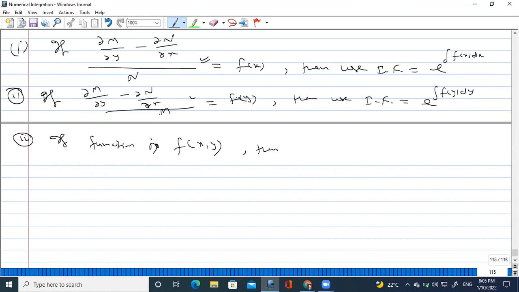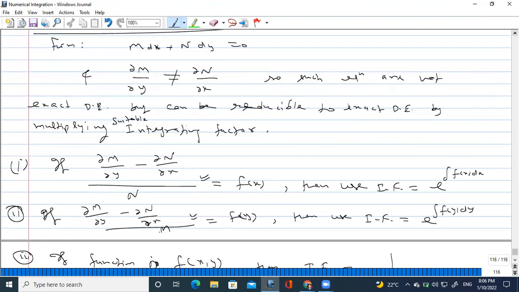So I am just telling about the function. If the function is f(x,y), then directly you can take the integrating factor equal to 1 upon Mx minus Ny. That you can take as the integrating factor. Now you multiply this integrating factor with the whole equation. Then automatically your equation will be converted to exact differential equation. Okay, so you can note down it.